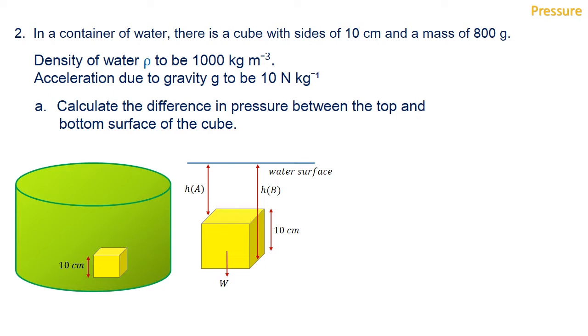HB is the depth of the bottom surface of the cube from the water surface. PA is the pressure on the top surface of the cube. PB is the pressure on the bottom surface of the cube.